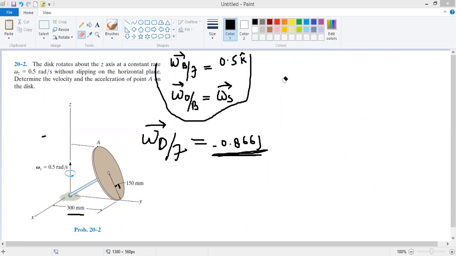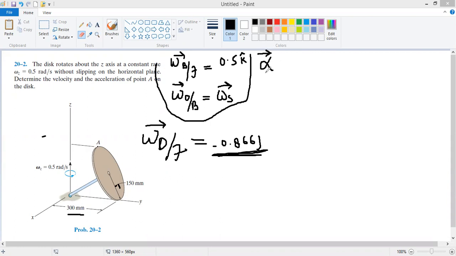Okay, I can write now. Let's talk about the angular acceleration of A. Okay, so as far as the angular acceleration of this disk is concerned, we know we represent it by alpha. In fact, we represent it as alpha vector.